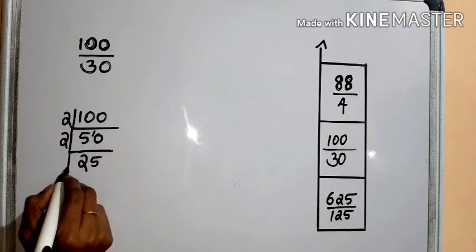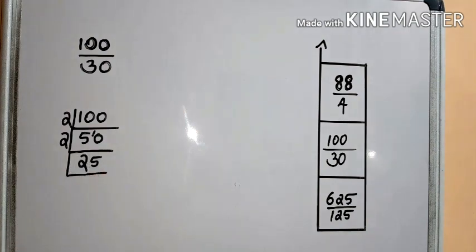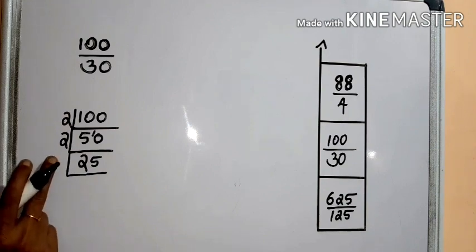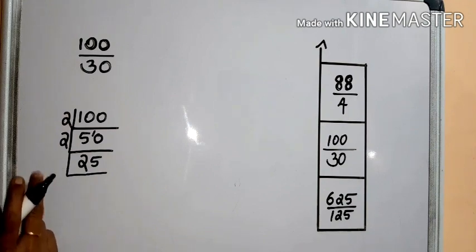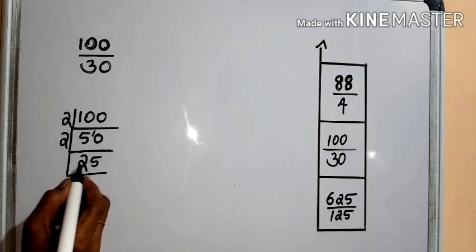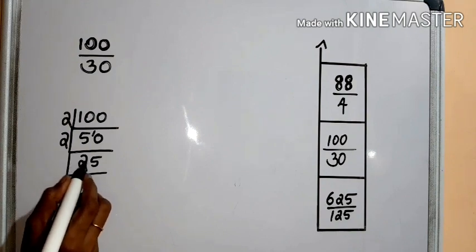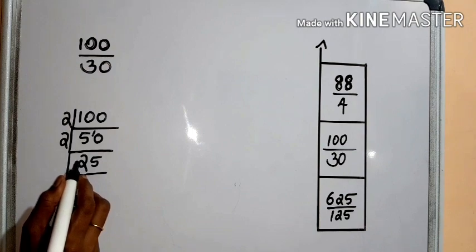Or half of 50 is 25. So easy, right? Next, we have 25. It is an odd number. What about 2? The smallest prime number 2 we cannot have here. Why? 25 is not a multiple of 2. Next prime number 3. Possible or not? 25, digit sum 2 plus 5 is 7. 7 is not a multiple of 3.